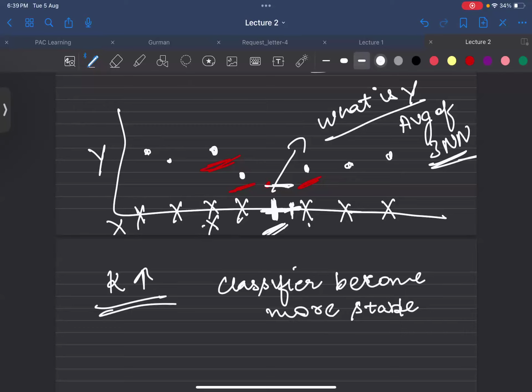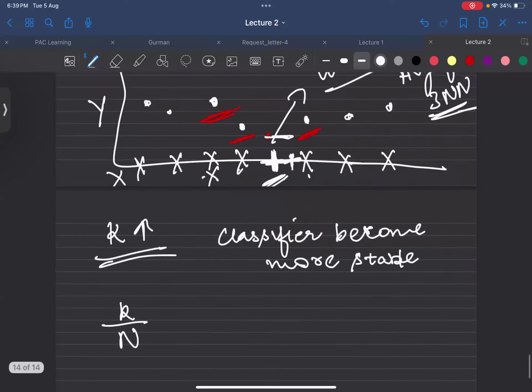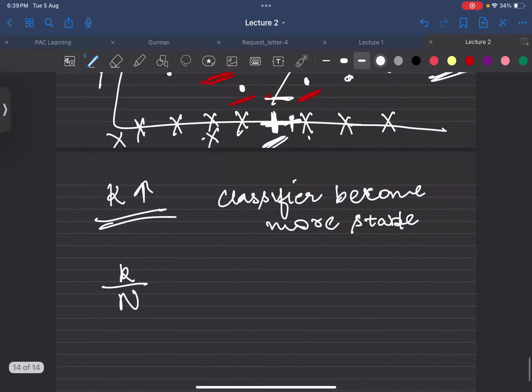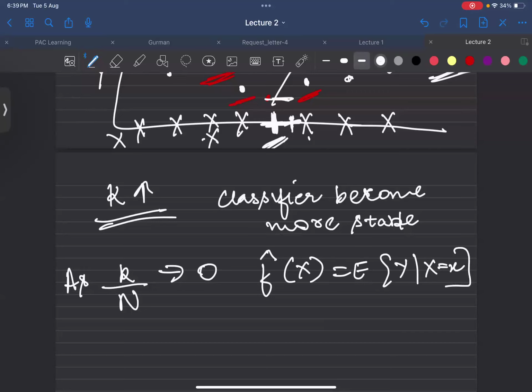And of course, overfitting. When does the expectation approach the actual output? Can I say as k by n approaches 0? What does it mean? When k by n approaches 0, we get our expected function, the output function.